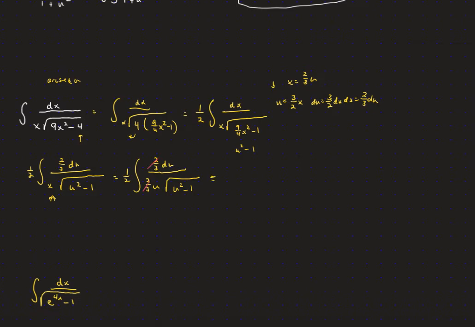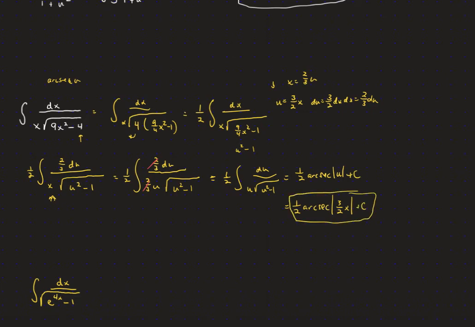So the good news is we have 1/2 integral, and we have now created the integral that we were hoping to. That is our arc secant, so it's going to be 1/2 arc secant of the absolute value of u plus c, which when we go back to our x's is going to be the arc secant of the absolute value of 3/2 x plus c.